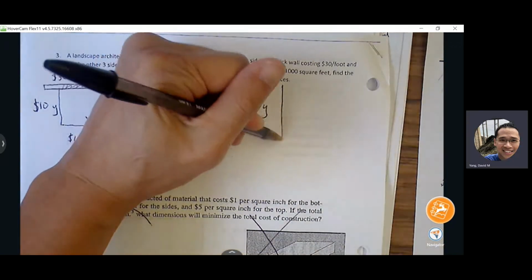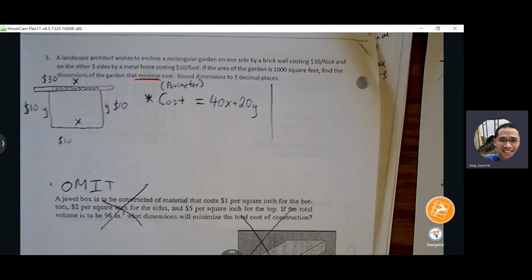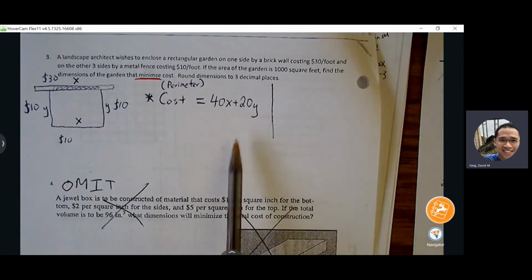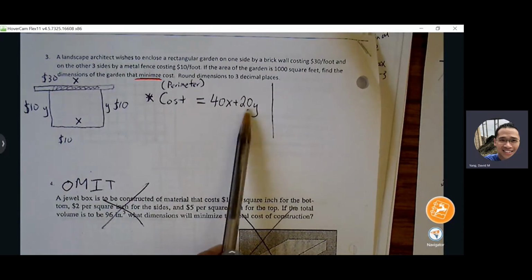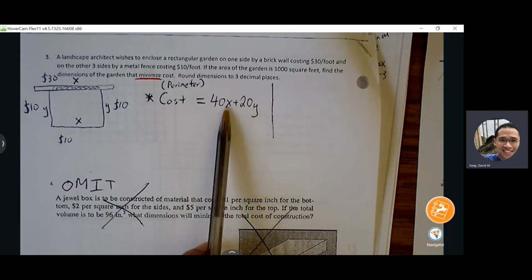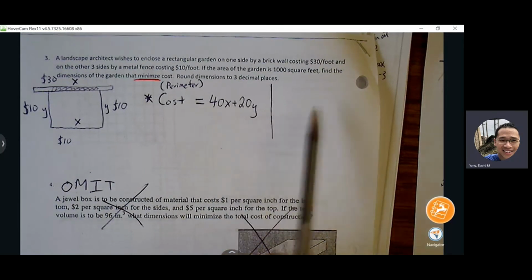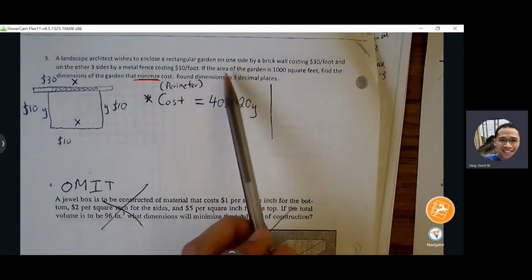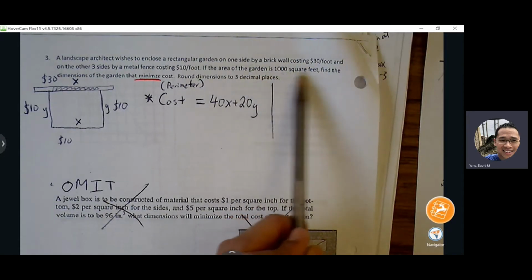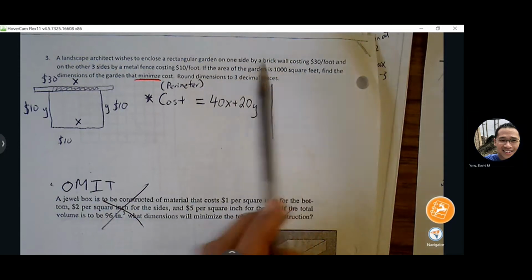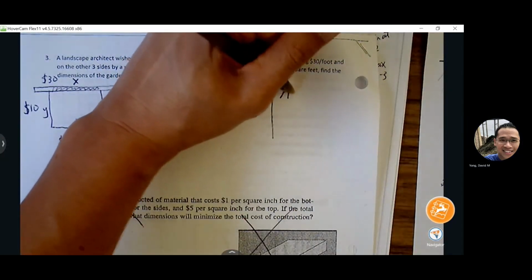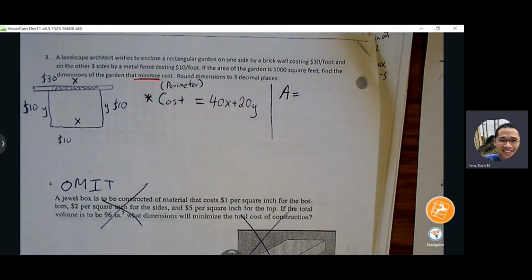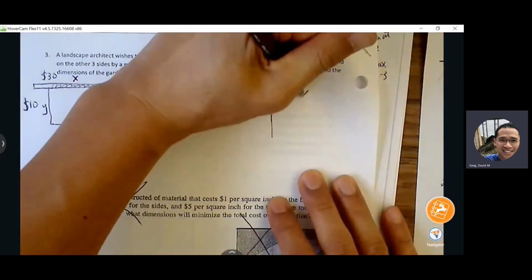We want to find the derivative for this equation, but what's getting in the way here? Too many variables, right? So we need help. The help is going to come from the fact that we have information about area. What's the area of this rectangular garden? xy.